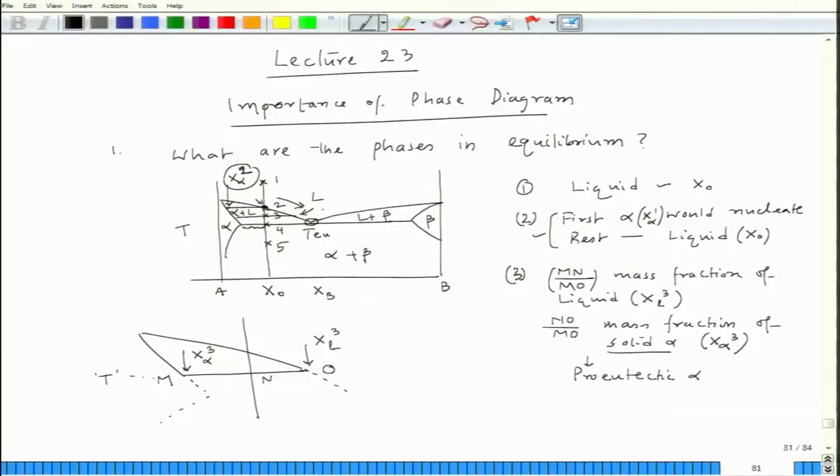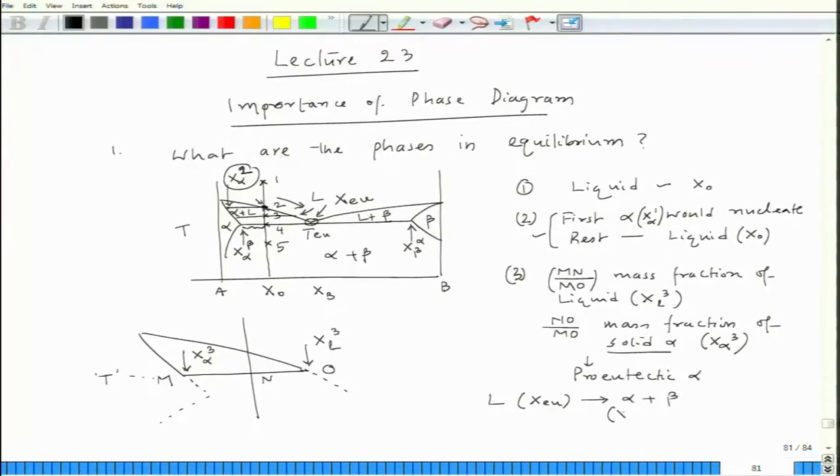So, that liquid would have this composition, which is the eutectic composition XU, and then that liquid with XU composition, the eutectic composition, would convert to alpha plus beta with compositions X alpha beta and X beta alpha.